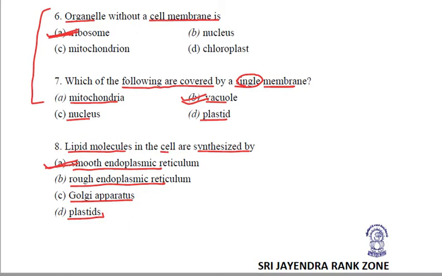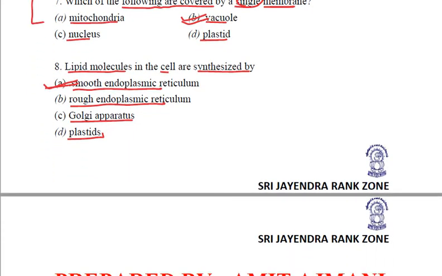So the lipid molecules in the cell are synthesized by option number A, smooth endoplasmic reticulum. One very important function of smooth endoplasmic reticulum in liver cells, if you remember, is detoxification of poisons and drugs.